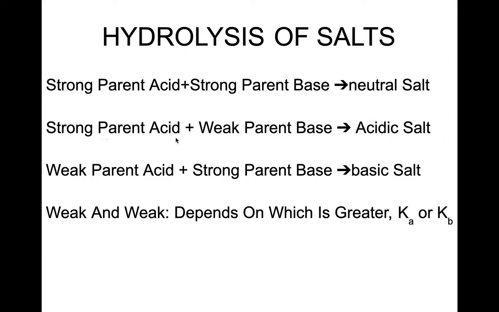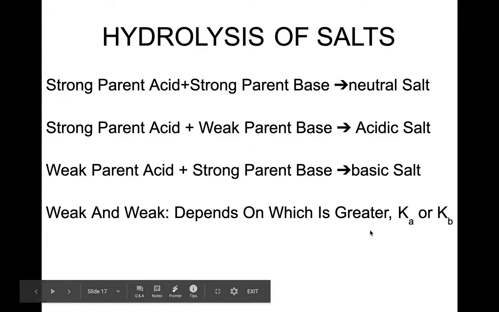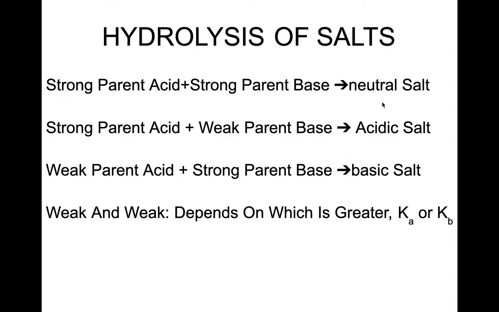The acid here was stronger, the resulting salt is a bit acidic. If we have a weak acid and a strong base, we'll have a basic salt. If both the acid and the base are weak, then our salt is going to depend on which has the greater dissociation constant. Those are our four possibilities.